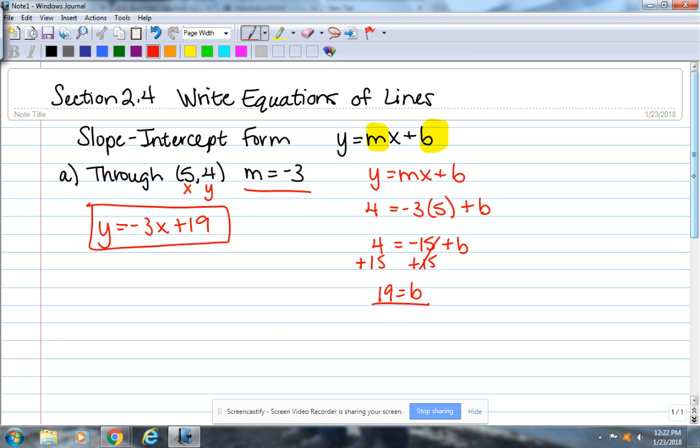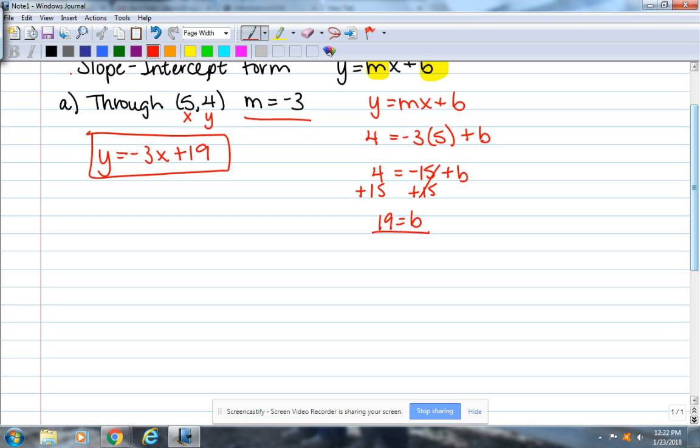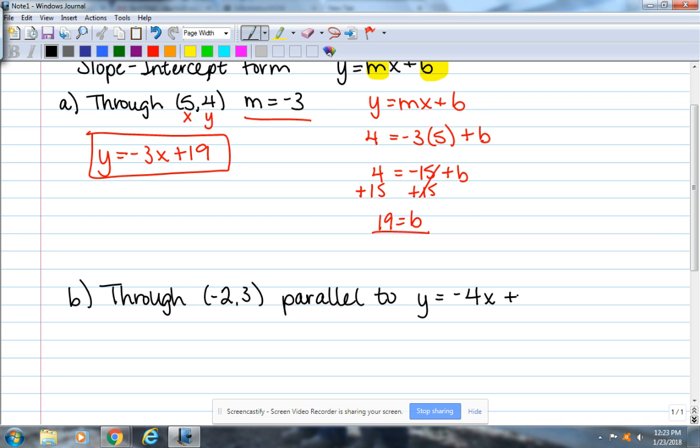All right, so let's say they want us to write the equation of the line that this time goes through the point (-2, 3), and they want it parallel to the line y equals -4x plus 1.